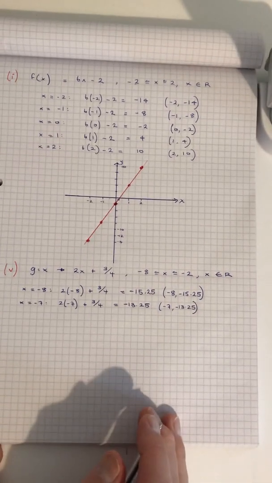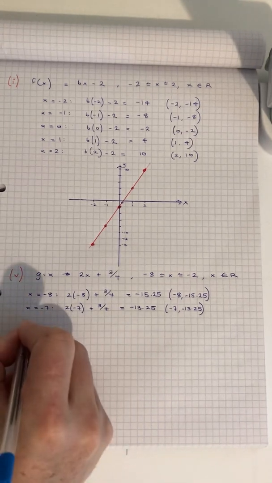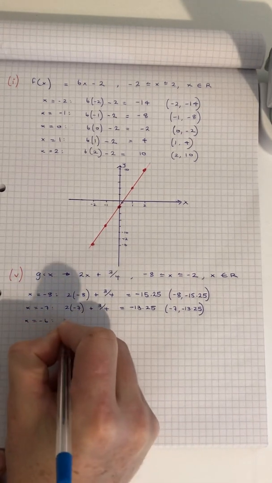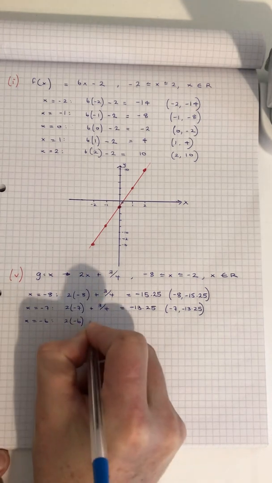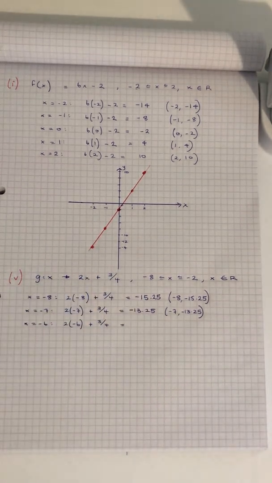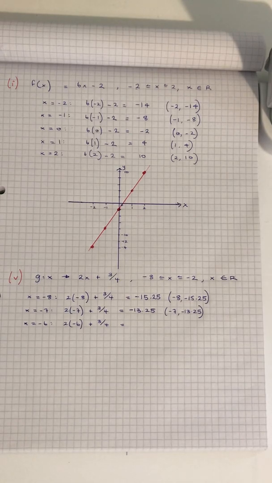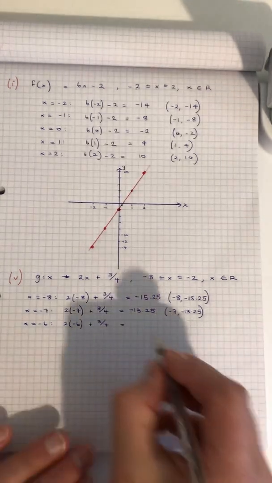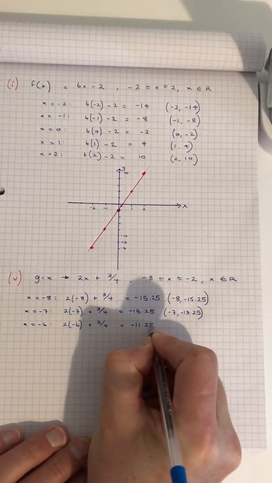Okay, and just keep going slowly. Minus 6, so 2 times minus 6 plus 3/4 equals minus 11.25.